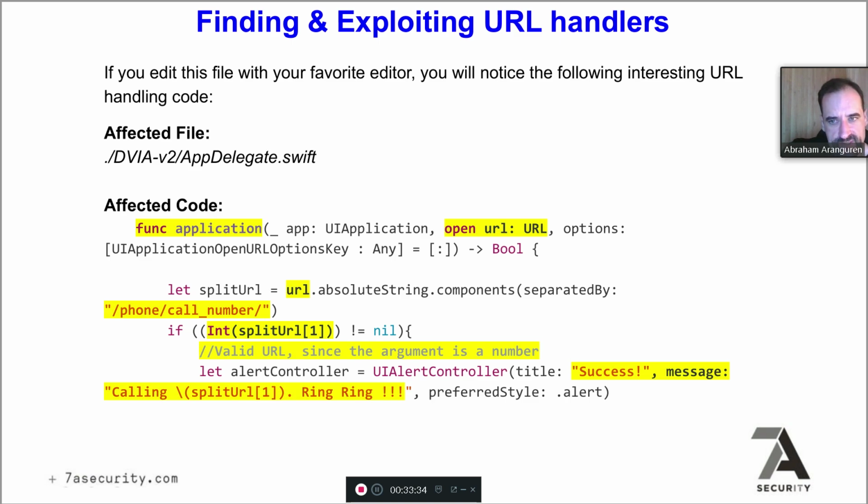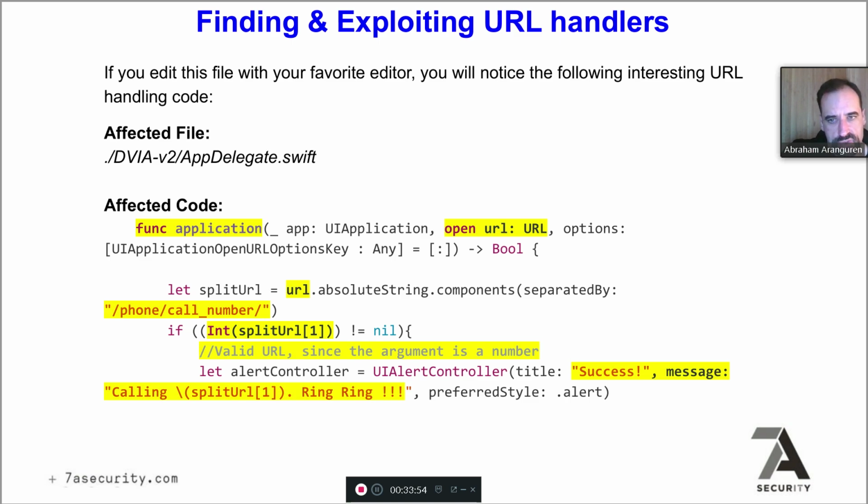Basically, this is looking for the phone call number string on the URL passed, and then it's going to split the string into chunks. So the URL scheme is going to be to the left, so this will be position 0 of the array, and then the number is going to be to the right of this, so this will be position 1, right?